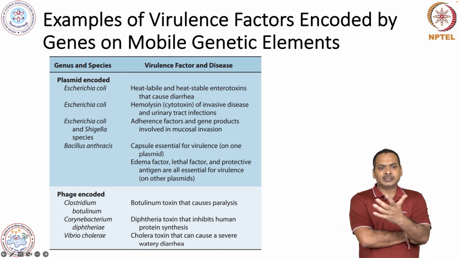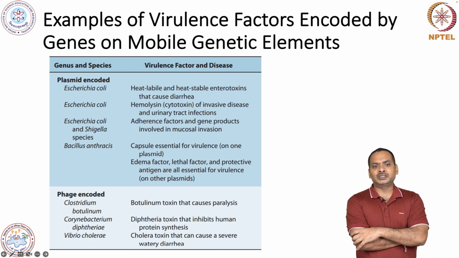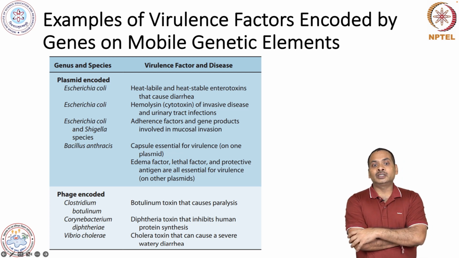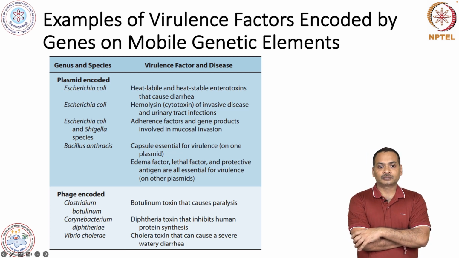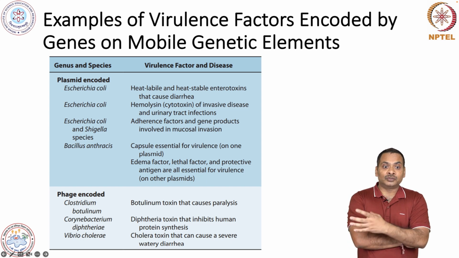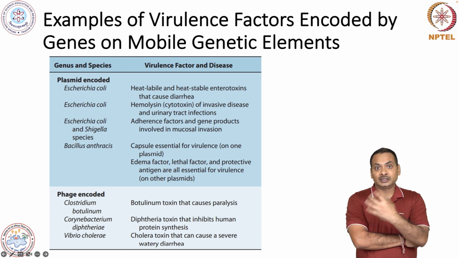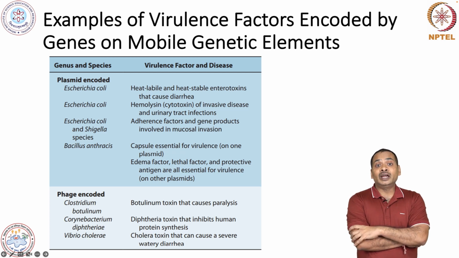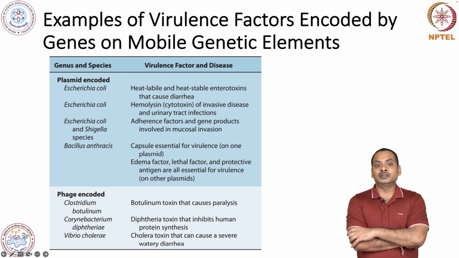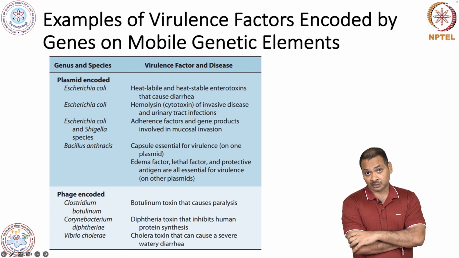Another example, in the same bacteria, is a plasmid which can encode hemolysin or cytotoxin for invasive disease and urinary tract infection. In Escherichia coli and some species of Shigella, plasmids encode adherence factors and gene products involved in mucosal invasion.